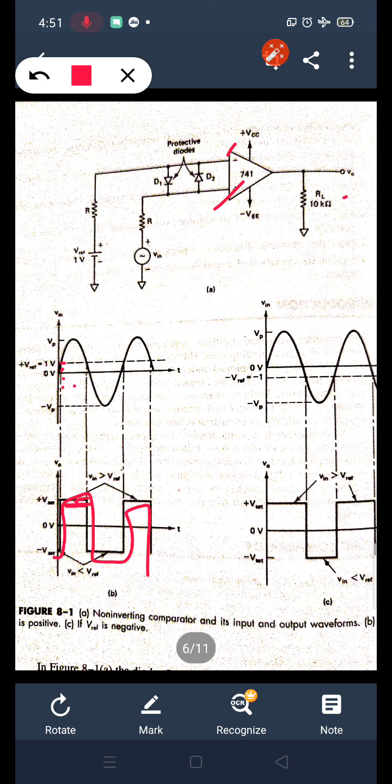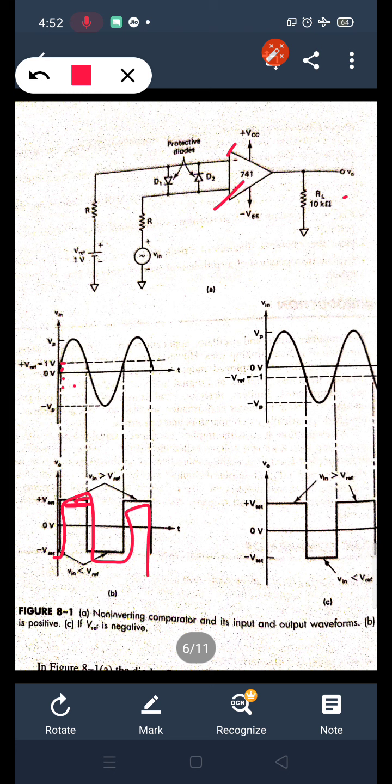The waveforms are shown here in this figure. For a sinusoidal input, the output is observed in the form of a square wave extending from plus V saturation to minus V saturation, as shown in our figure.